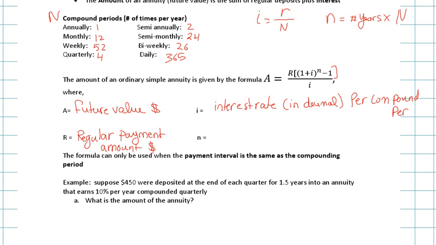So as I wrote earlier, i is your interest rate, which is r, but it should be in decimal, so you should change it to the decimal. And you divide by your compounding period, which we're going to call big N.